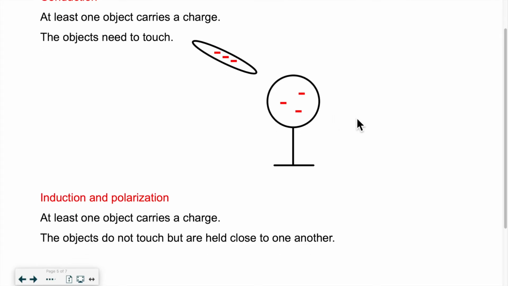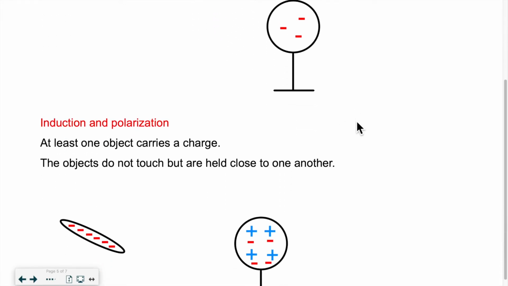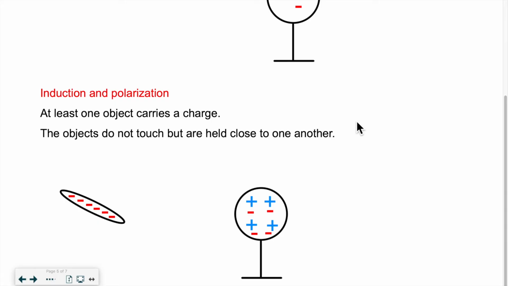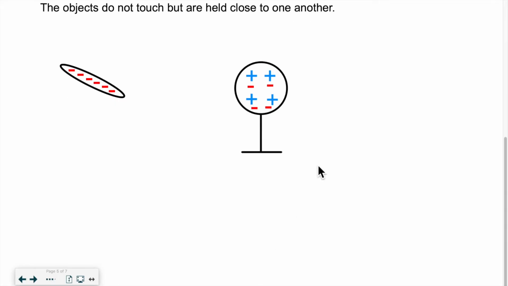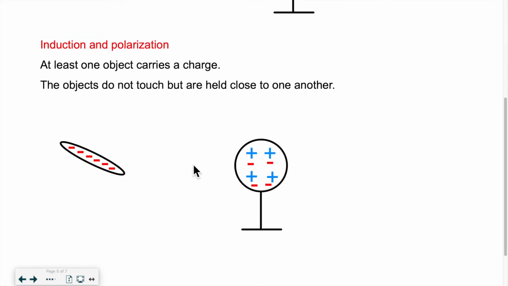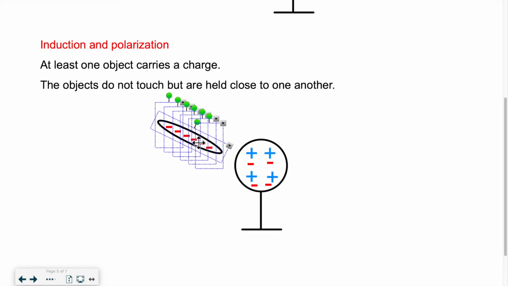Another way would be through induction and polarization. They come together. I'm going to explain to you why. So induction means that I'm bringing an object closer, but I'm not actually making them touch. So let's say I bring my rod close enough that there is an interaction without them really touching.